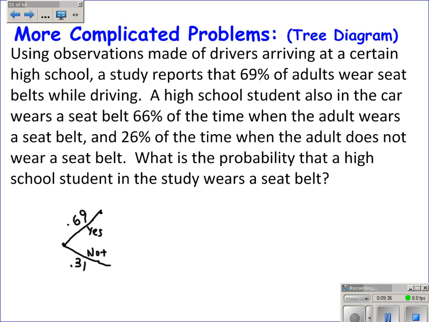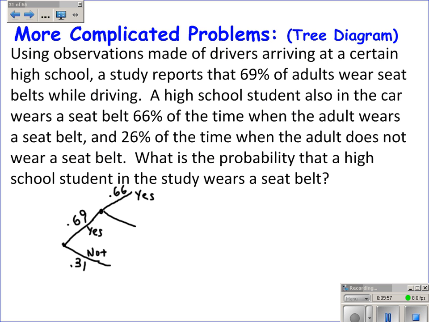Okay, now here's where conditional probability comes in. Given that the adult is wearing a seatbelt, the student will wear a seatbelt 66% of the time, which is 0.66.